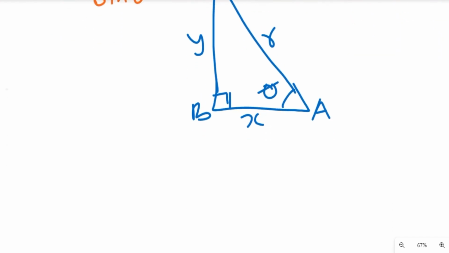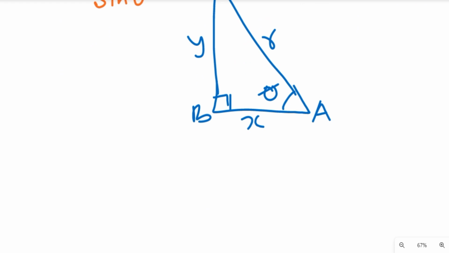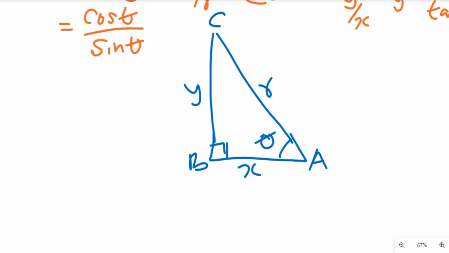Now, for us to derive our trig functions properly, we are going to first of all look at the Pythagoras theorem of this triangle. According to Pythagoras theorem, the square of the hypotenuse will always be equal to the sum of the squares of the other two sides, which is r square equal to y square plus x square.